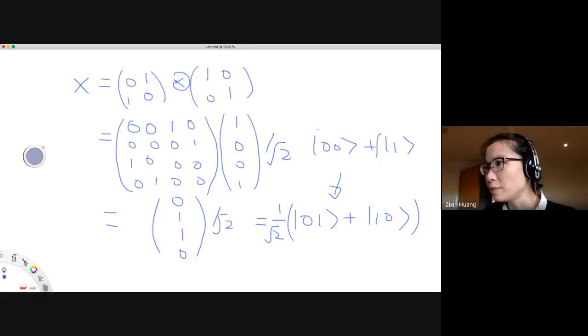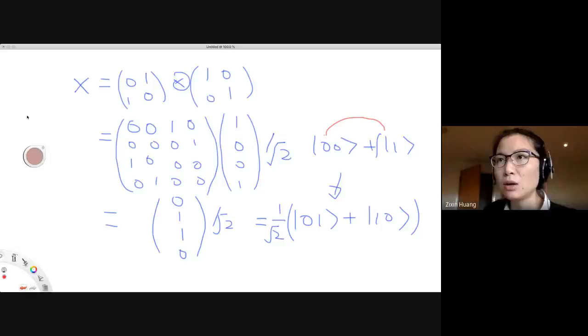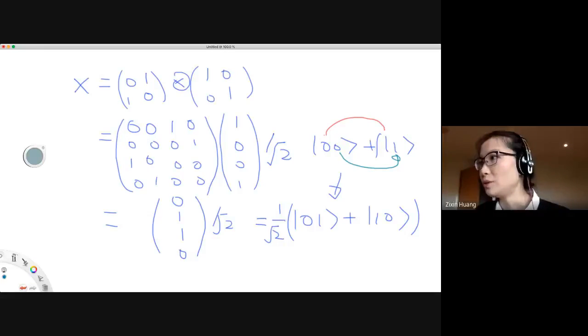Because if one X gate is applied, it just means that you're flipping either the first 0 or the first 1 or the second 0 and the second 1. So if you flip either of these, you end up with this state. Okay. So that's that.